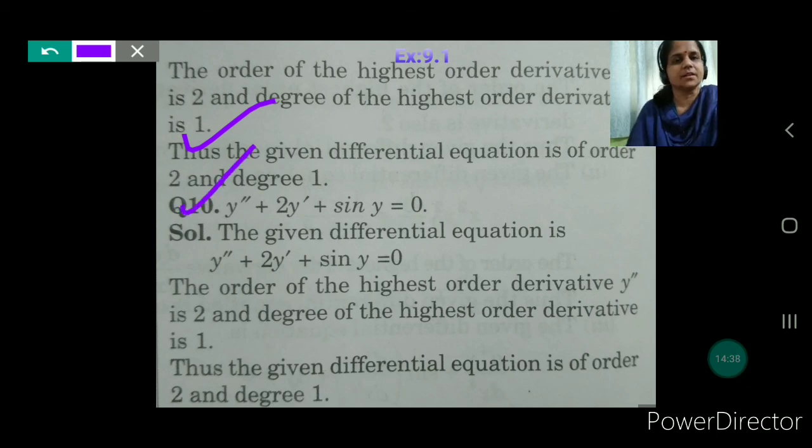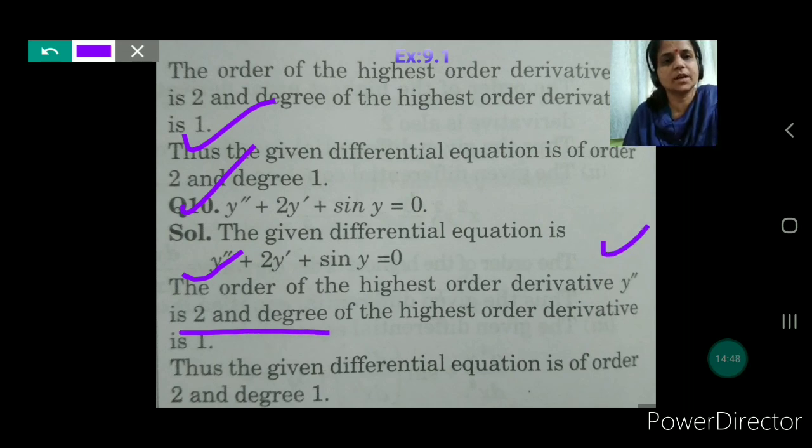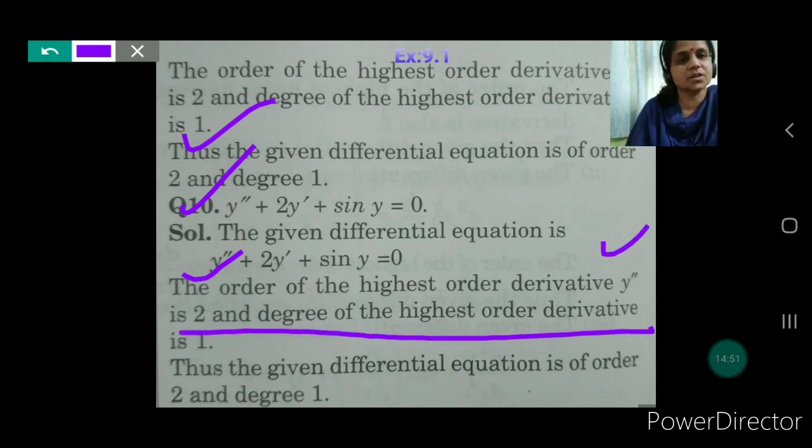Question number 10: y'' plus 2y' plus sin y is equal to 0. Here the order of the highest order derivative is 2 and the degree of the highest order derivative is 1. So order 2 and degree 1.